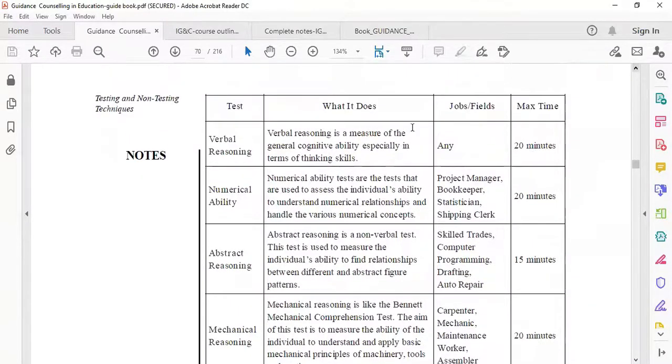Suppose a student is performing well in numerical ability. It means this student is very good to be a project manager, bookkeeper, statistician, and in the field of engineering and the like. If a student is good in abstract reasoning, his aptitude is toward skilled trade, computer programming, drafting, auto repairs.